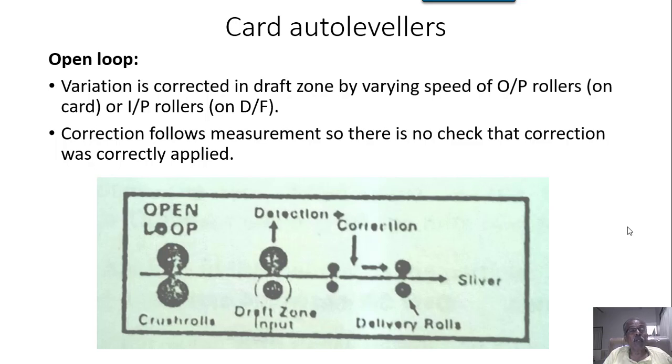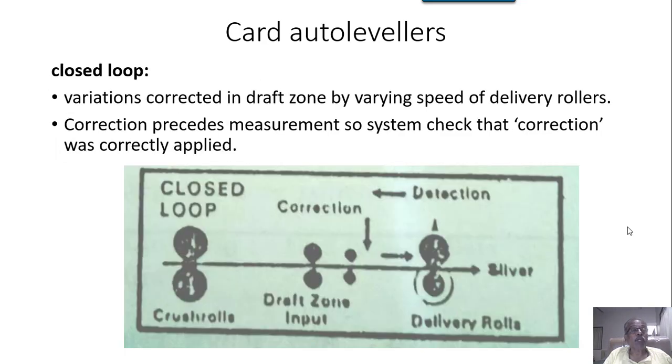In the open loop, variation is corrected in the draft zone by varying the speed of the output rollers or input rollers on the draw frame, but correction follows measurement, so there is no check that the correction was correctly applied. Open loop is normally done on the draw frame or the delivery side of the carding machine, where the processing length is very short.